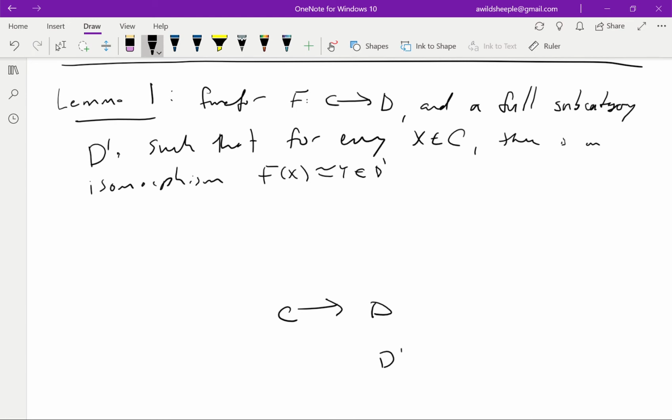So again, F doesn't really map onto D prime. F maps onto things that are isomorphic to D prime. Let me put this into the diagram.